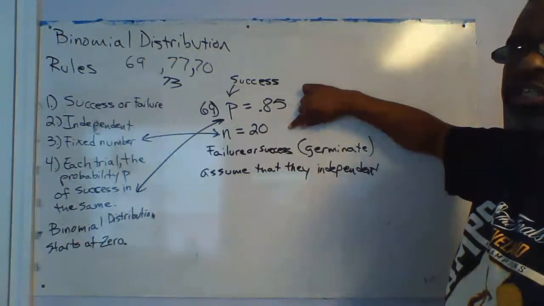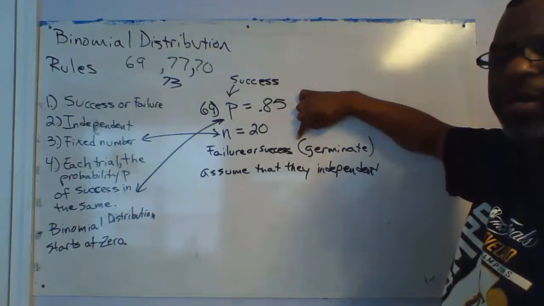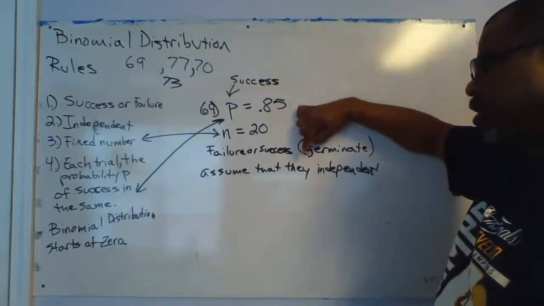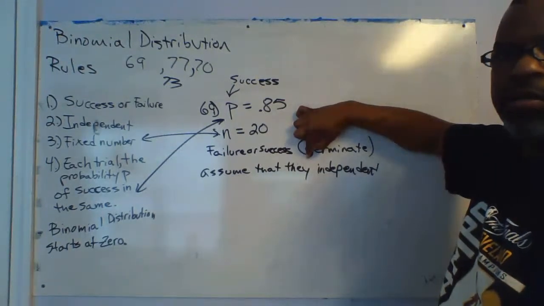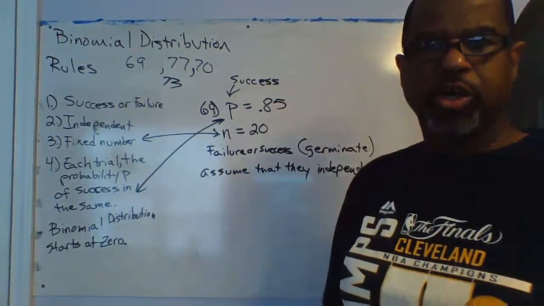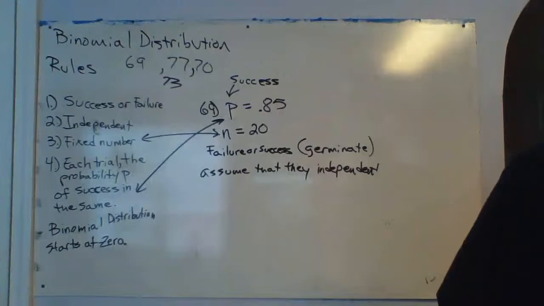Then you only pick just 20, so that's your fixed number, and either they germinate or they do not. Then they should be independent of each other. Okay, all right. So for number 69, that would be considered a binomial distribution.